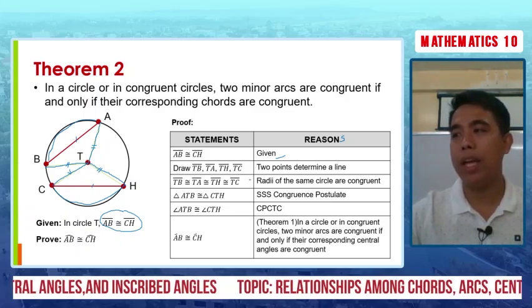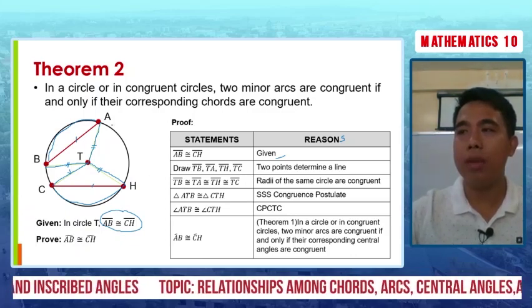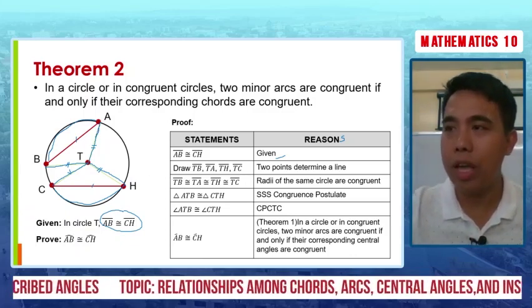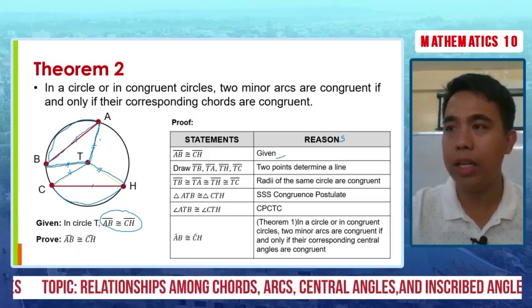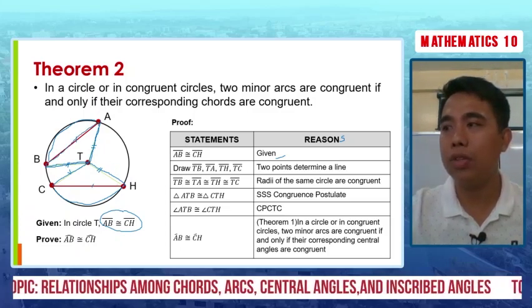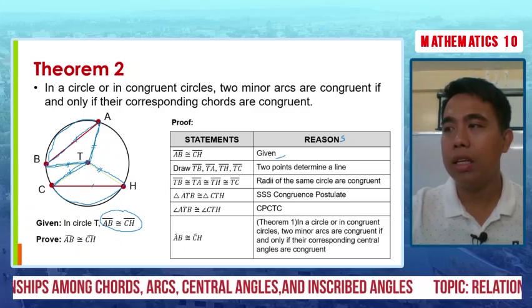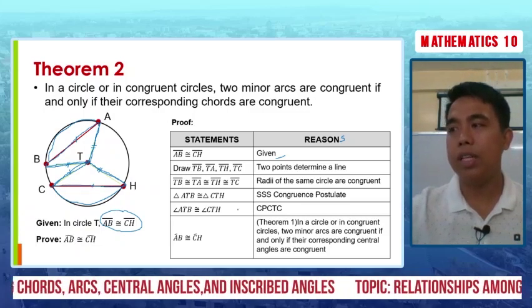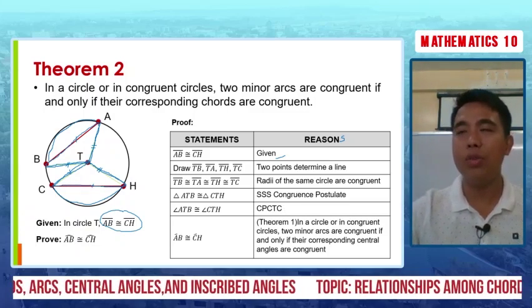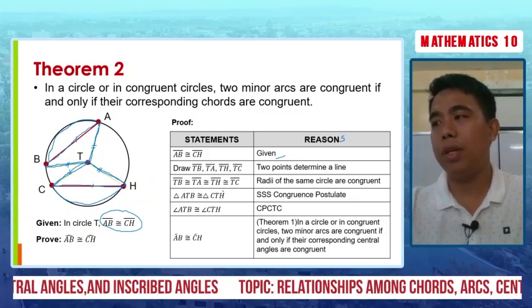So they are all congruent. Now, we can say that triangle ATB, this triangle, is congruent to triangle CTH, this triangle. Reason? SSS congruence postulate, since corresponding parts are congruent.